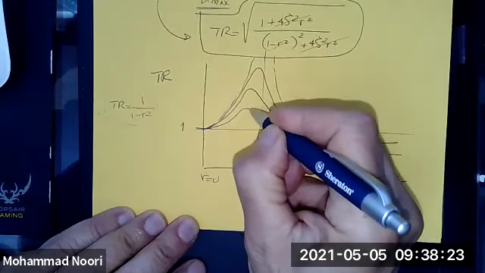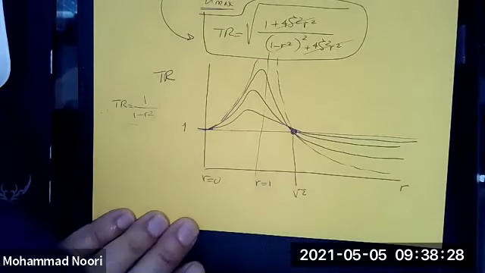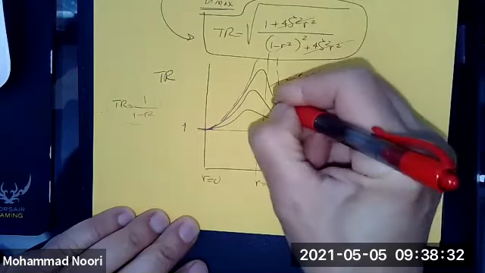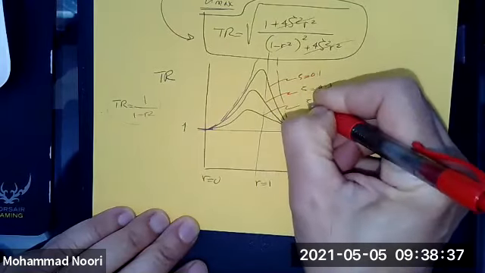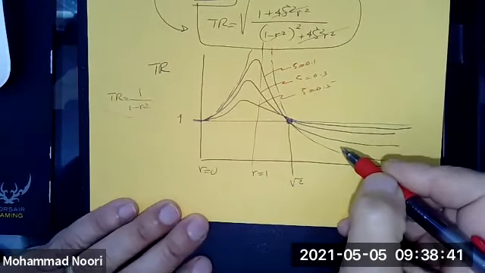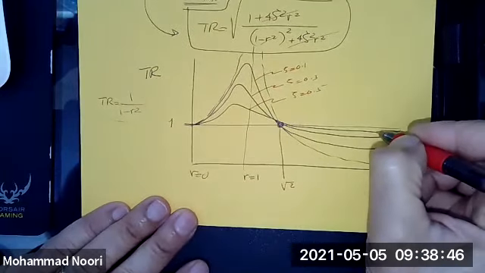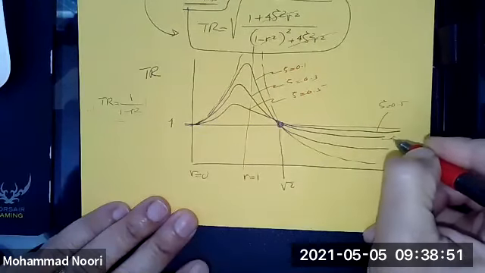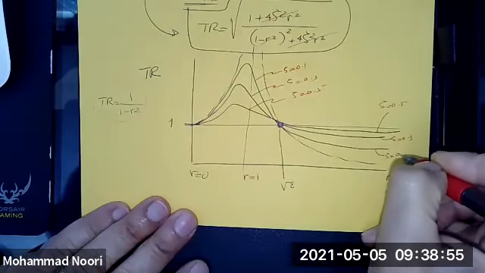The only thing is, let's say this was zeta 0.1, this zeta 0.3, let's say this is zeta 0.5. So in other words, this is zeta 0.5, this is zeta 0.3, this is zeta 0.1.